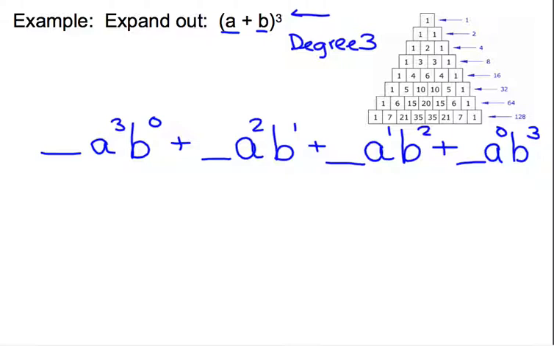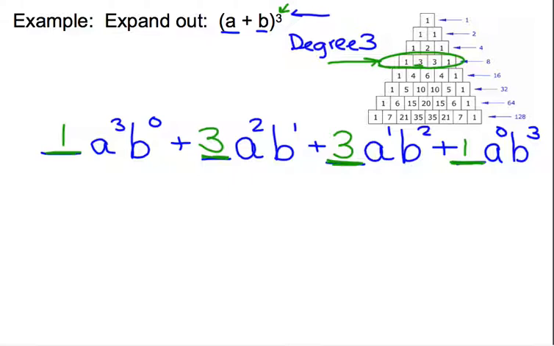If you notice, you have 1, 2, 3, 4 coefficients that are missing. These are going to be your coefficients. Look at the degree. Degree is 3. Let's see this first number 3. We're going to put those placeholders in. 1, 3, 3, 1.